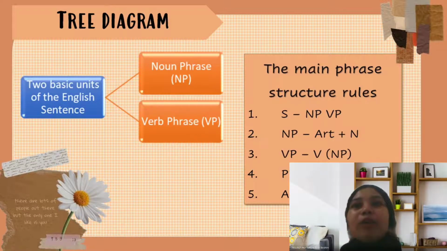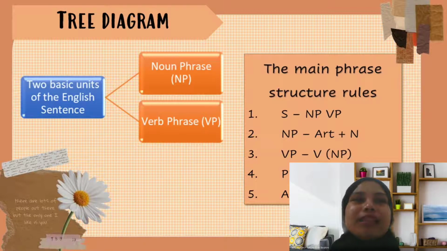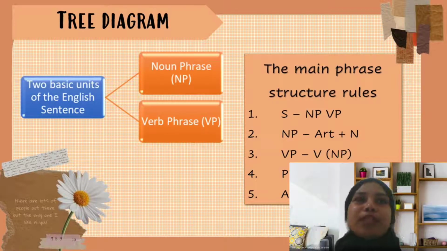Okay, now I will be explaining to you the main phrase structure rules. So first we have sentence, and the unit for sentence is NP and VP. What is NP and VP? NP is noun phrase, while VP is verb phrase. Second, we have NP, which is noun phrase containing AR plus N, which means article and noun.